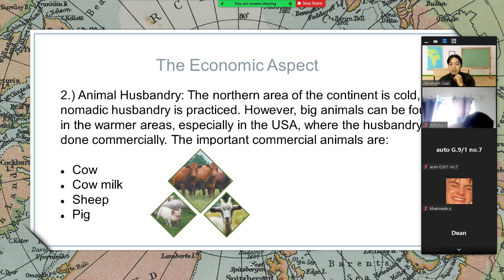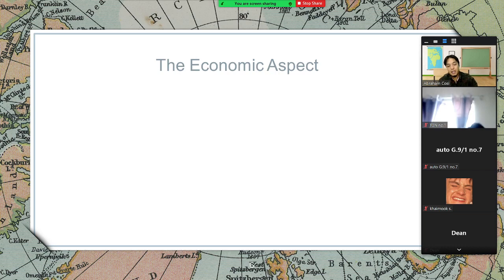Animal farmers make their population bigger so they can be sold when completely grown. The main animals that are commercialized are cow, milk, sheep, and pig. That's number 2.